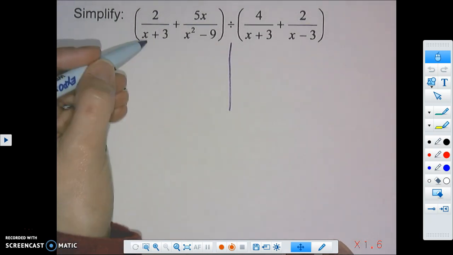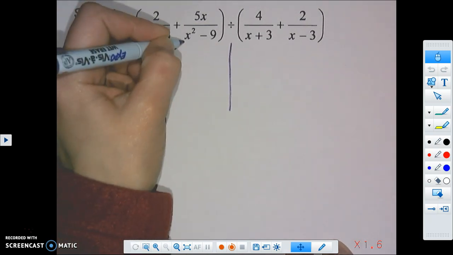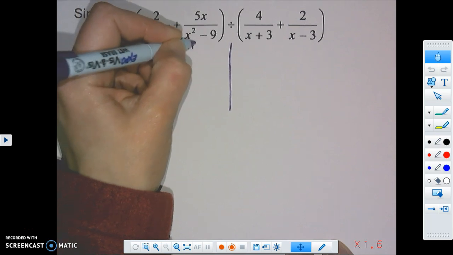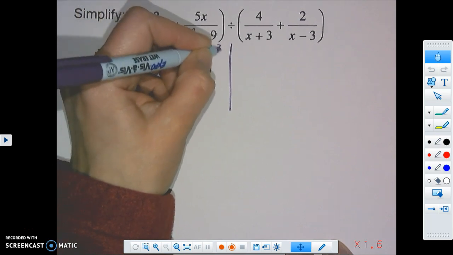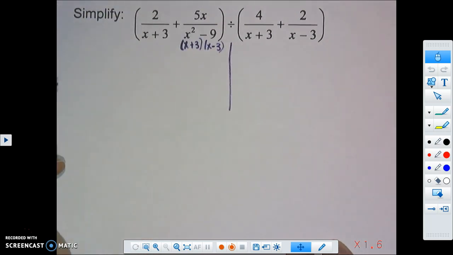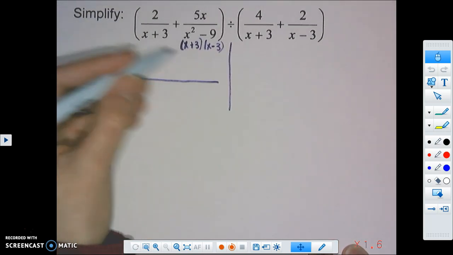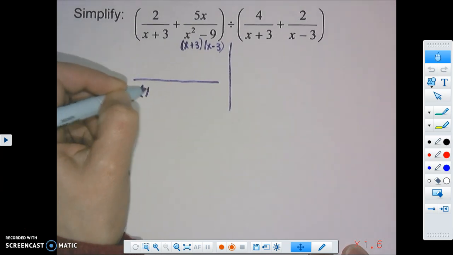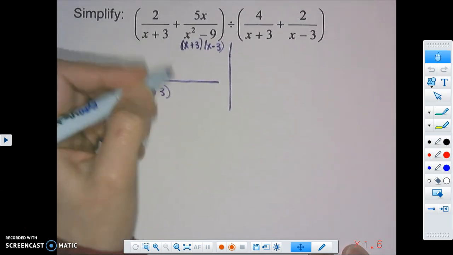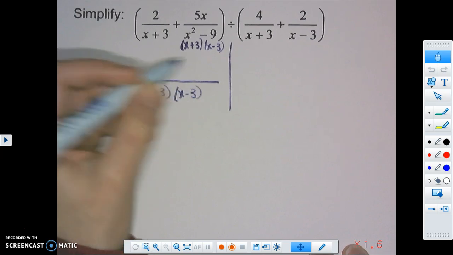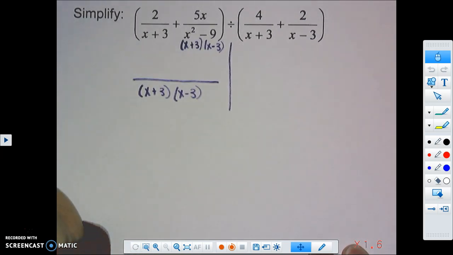In getting a common denominator between these two pieces, I do need to make sure that I factor all denominators as much as possible before we can find a common denominator. This means, looking at these two fractions, that the common denominator would be x plus 3, because they already have that in common, and then x minus 3, because we need it from this second fraction.